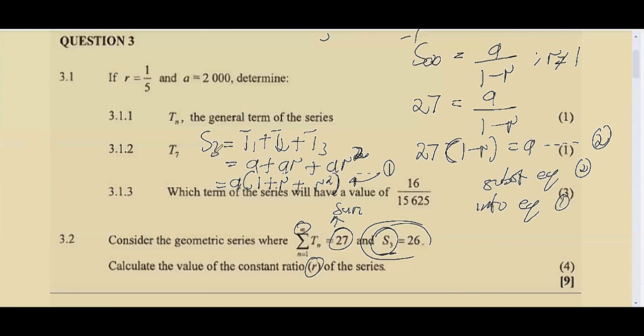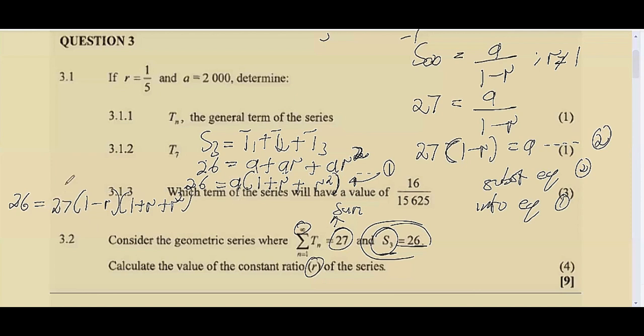Remember our S3 was 26. So we have our 26 here, and this would be 26 is equal to, what is A? That's 27 times 1 minus R, and then here I have 1 plus R plus R squared.